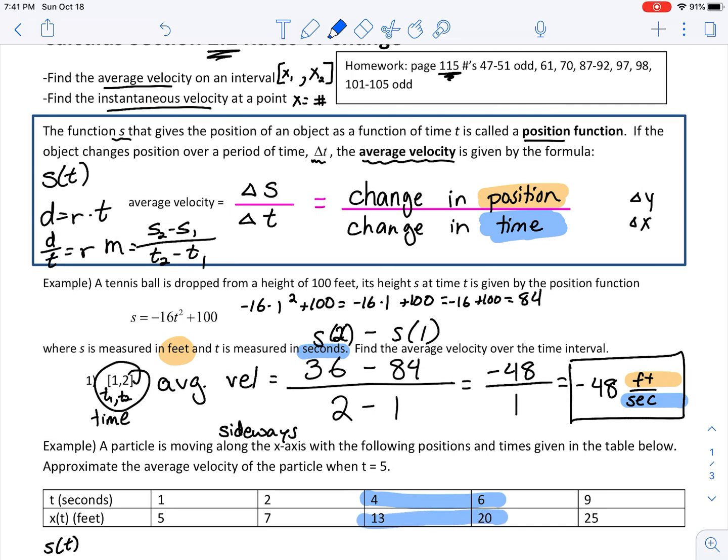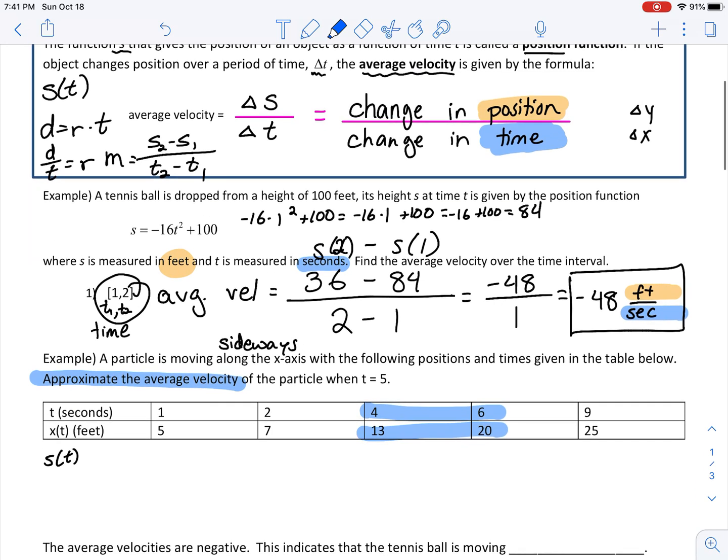We are approximating the average velocity. Approximate means guess with a little bit of theory behind it. You got to give some reasons to your guess. So we are going to use the 2 points, 4,13 and 6,20, to help us figure out what probably is about right for the velocity when t equals 5.